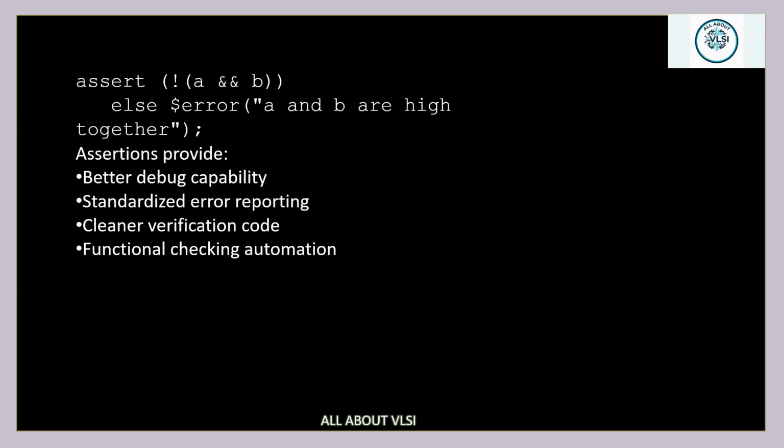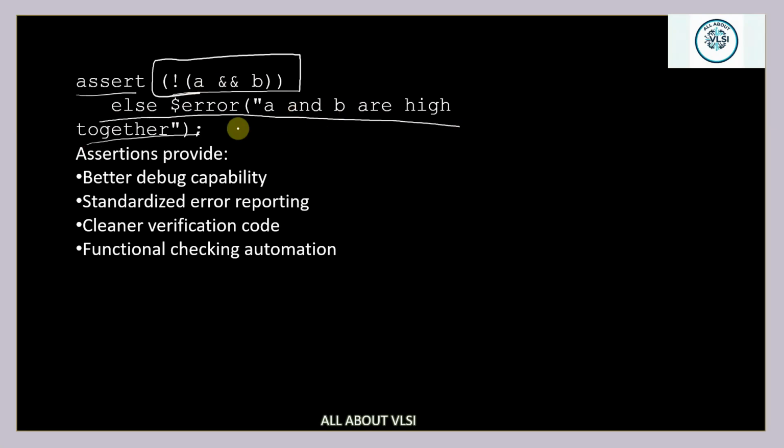So we have assert, and this is my condition. If this condition is true, then nothing is going to be displayed and the code will execute normally. But if this assertion fails, then the action we have written will be executed. So this is how you're going to deal with your assertions.